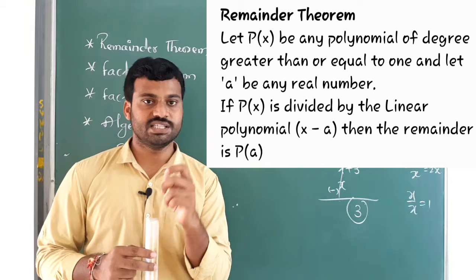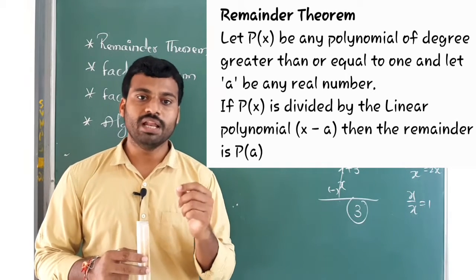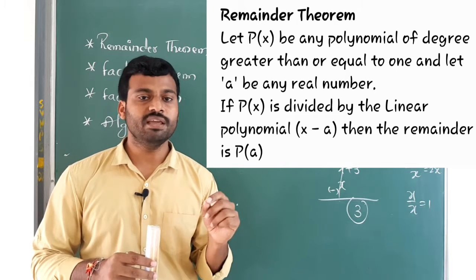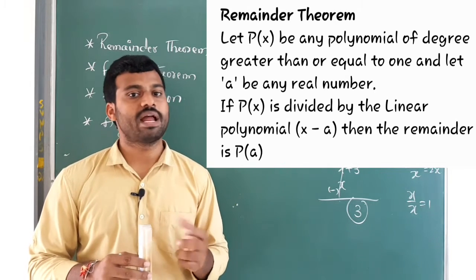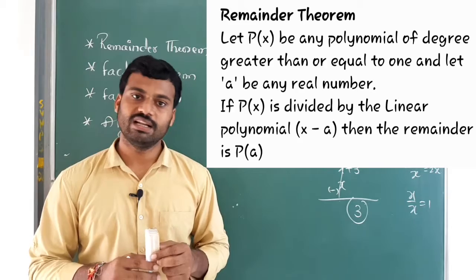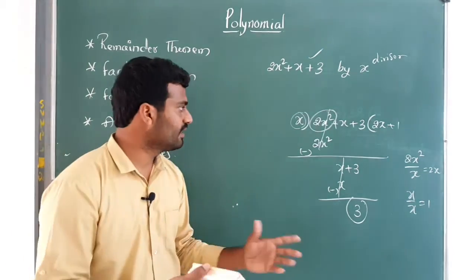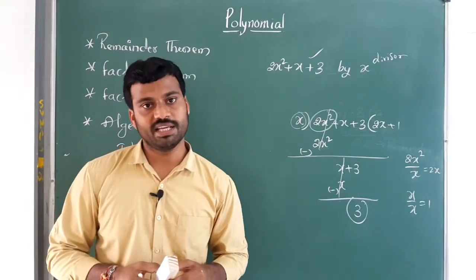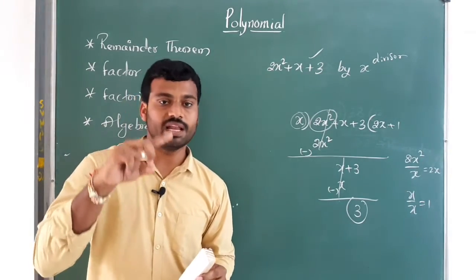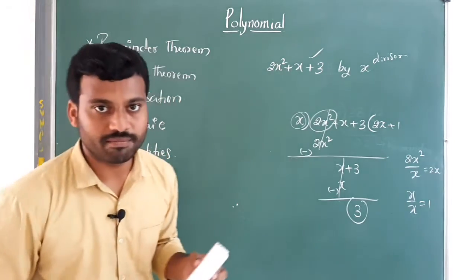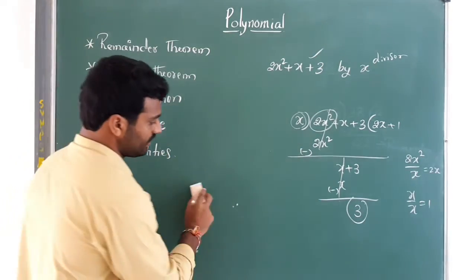If P of x is divisible by the linear polynomial x minus a, then the remainder will be P of a. Clear or not? So I will take one example and tell you. Why another example? I will take the same example. I said a may be any real number: negative, positive, rational, irrational, anything. So I will take the remainder theorem now.